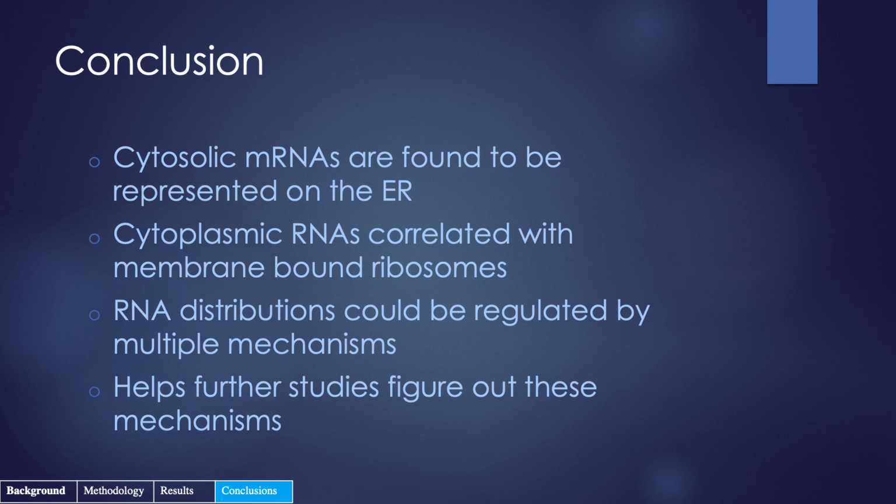So cytoplasmic RNAs correlated with the membrane-bound ribosomes, as talked about in the paper. And these RNA distributions could possibly mean that this cytosolic mRNA localization to the ER could be regulated by multiple mechanisms.